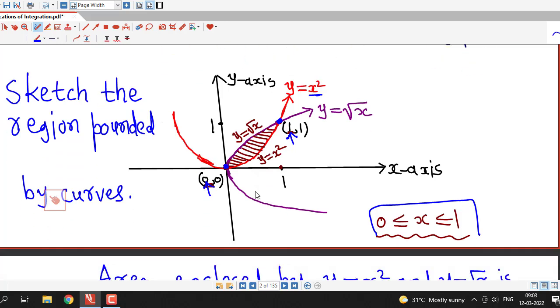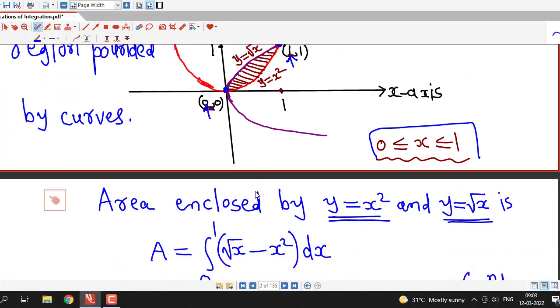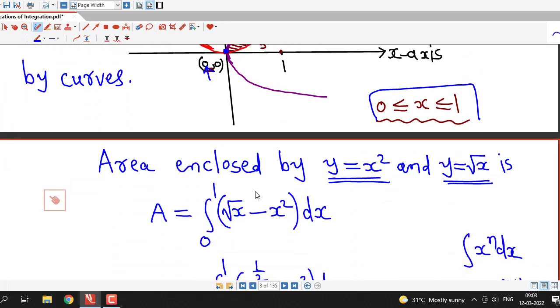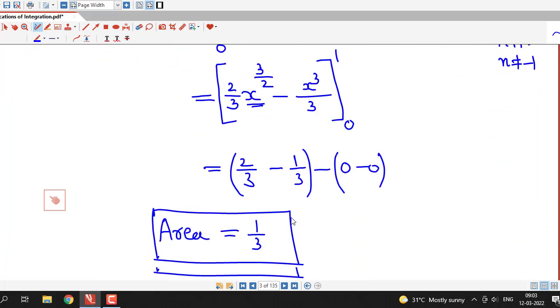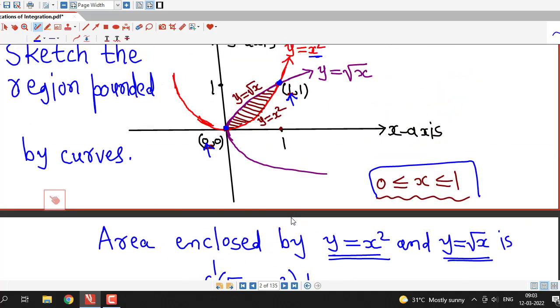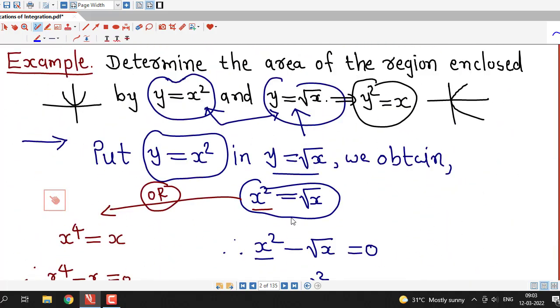And once we decide limits of integration and this upper and lower function, we will use this formula. Area is given by integral from 0 to 1 of the difference of upper function and lower function. Okay, and then this is simple integration. So in this way we can find out area between two curves.